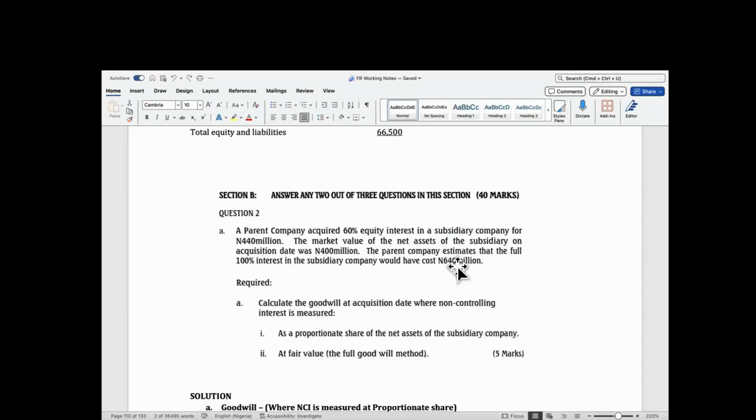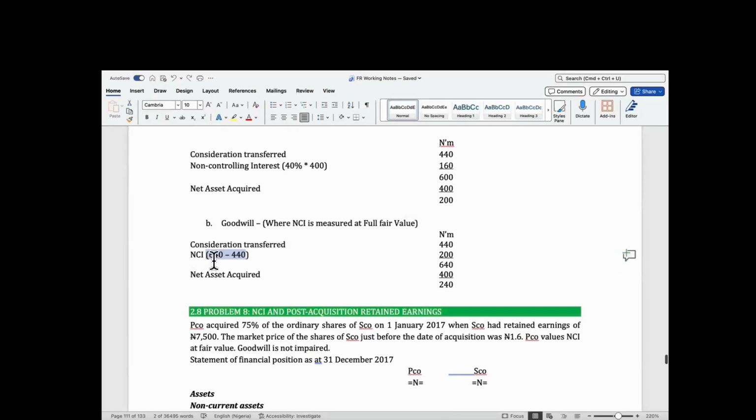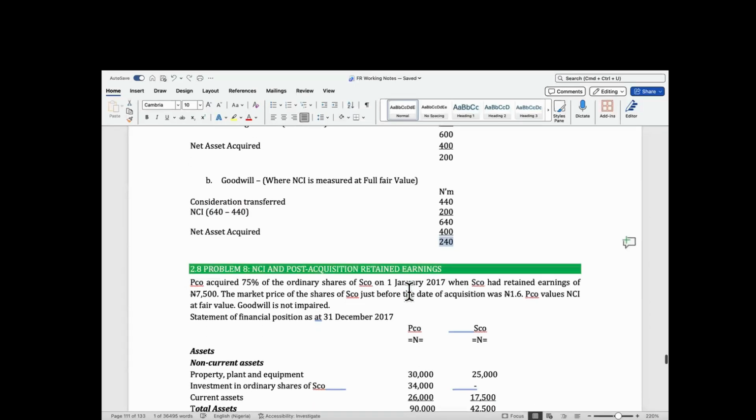That means the worth of 40% is the difference, and 40% here is NCI. So the fair value of NCI is the difference, which is what I did here to get my NCI as 200 million. So I compare that with net asset acquired, then I get my goodwill. Okay, that's just a question from past questions.